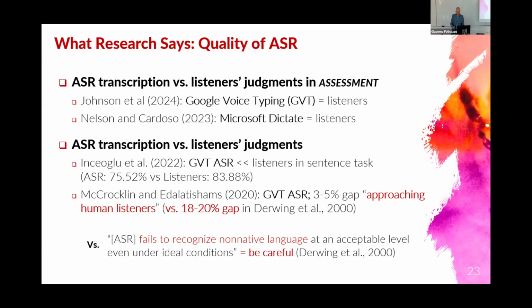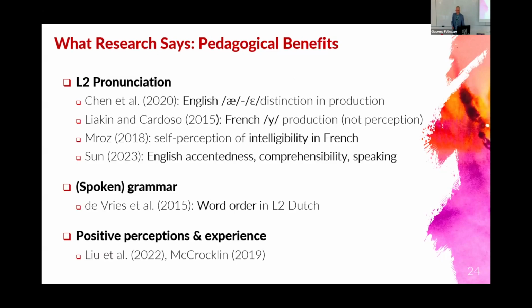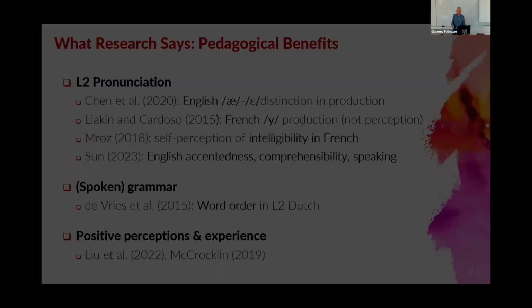Right. So the idea was that it was not good at that time, but now we can ascertain that the technology is pretty good and very ready to be used. Again, the research has been very positive for pronunciation. There have been very interesting results for pronunciation, for spoken grammar, and users usually see this technology positively.